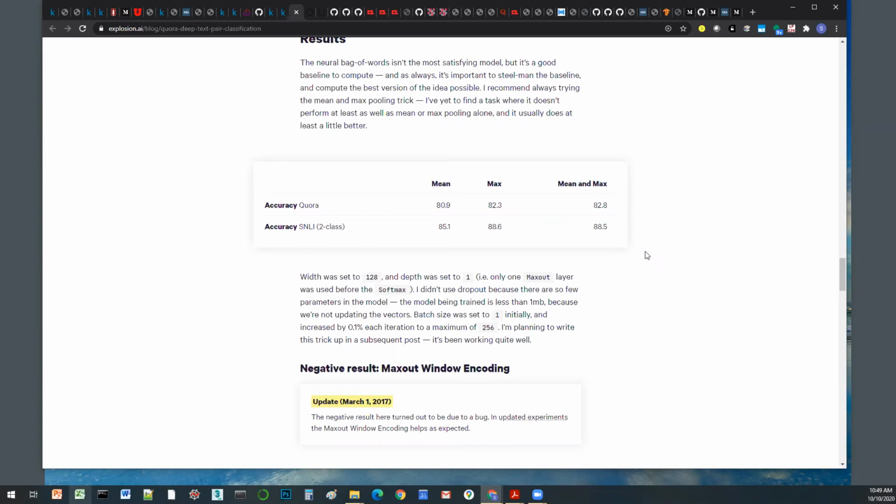So let's say the original encodings were 300 wide. You now have a 1,200 wide encoding because you've concatenated 4 values. And then you put that through a max out layer and then a softmax layer and use that as your output of is duplicate or not.